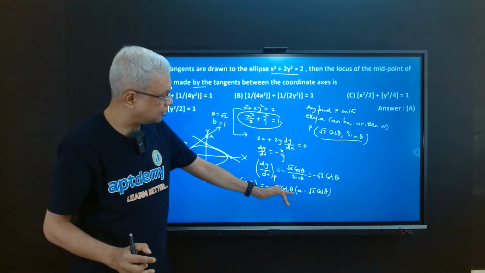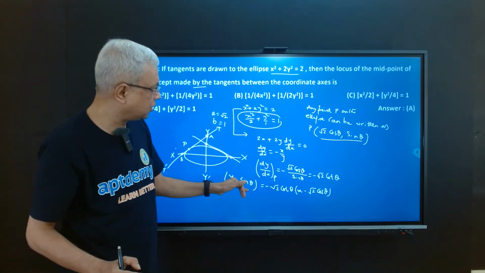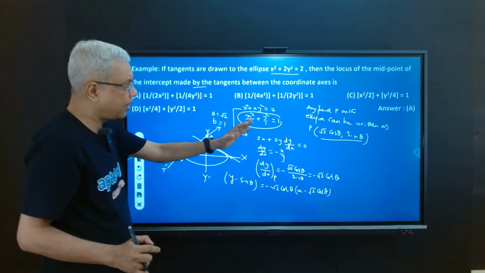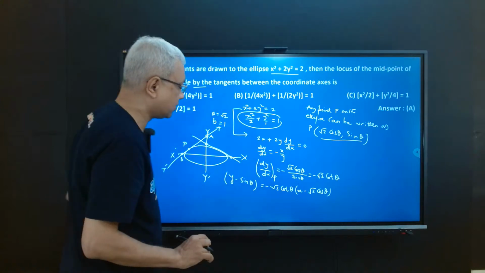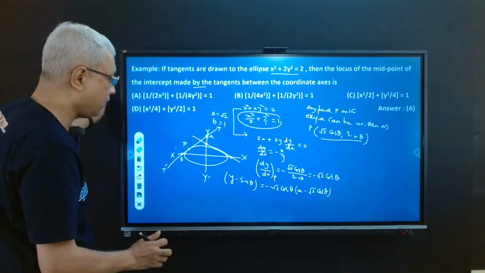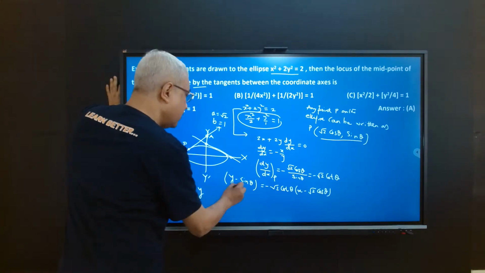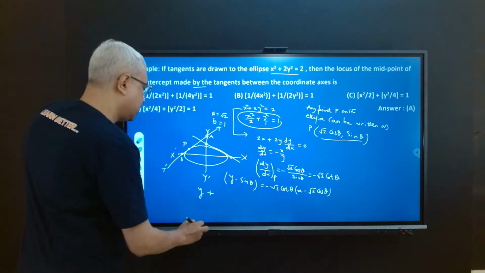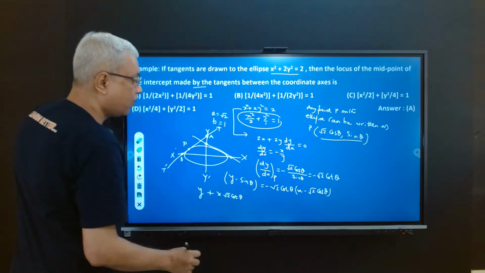Tangent means its gradient is minus root 2 cos theta, which we have just determined, and it is passing through the point root 2 cos theta, sin theta. So the equation of the line passing through this point having gradient this much is this much. As simple as that. So if I simplify this, it is actually y plus root 2 cot theta x is equal to how much?